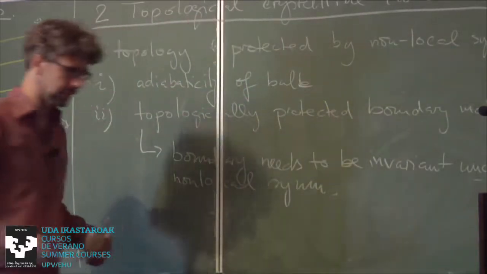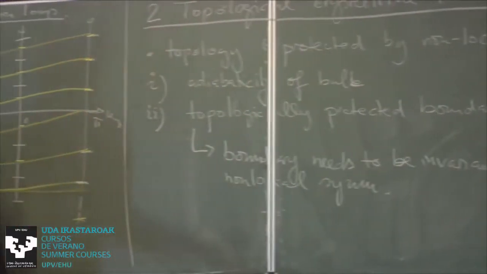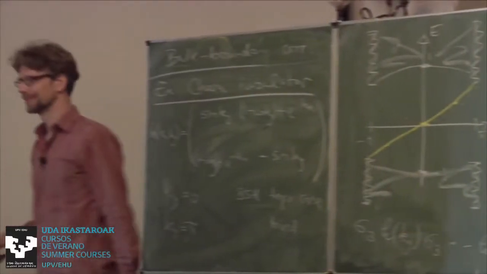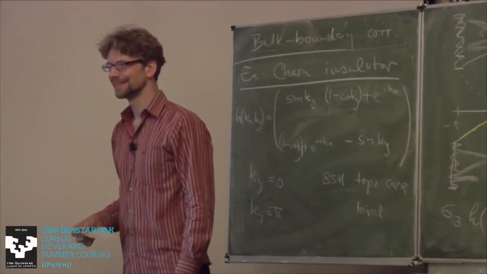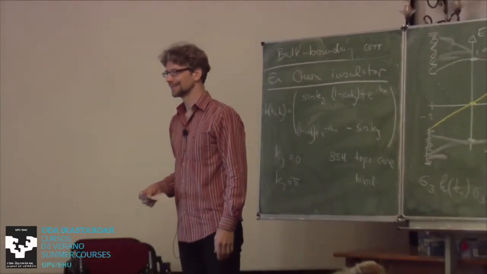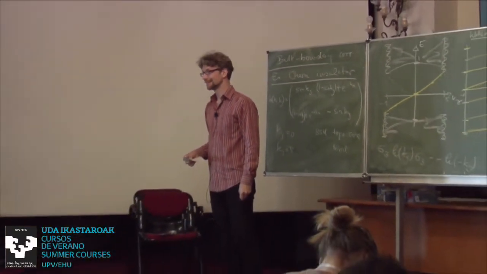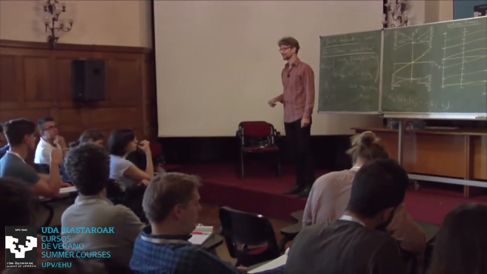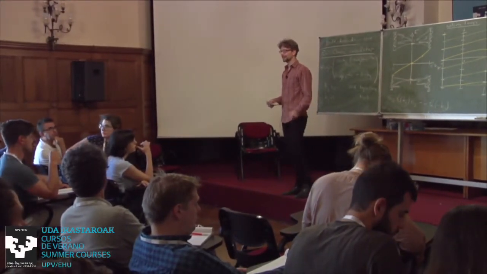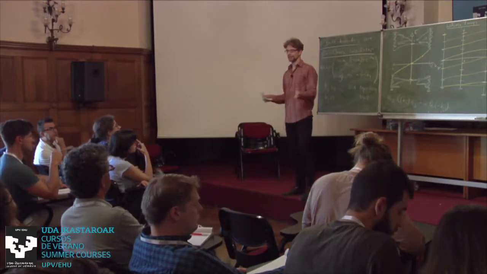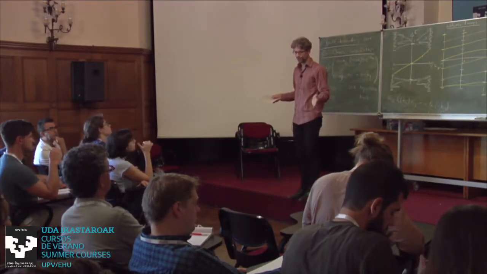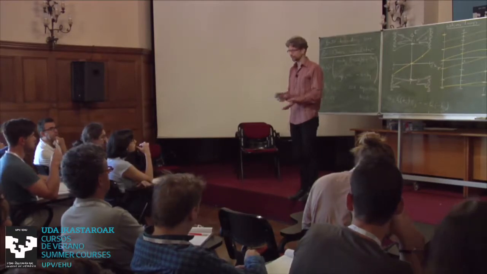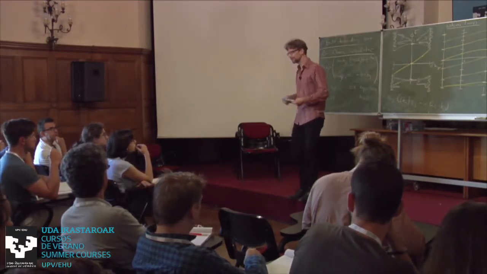So in a one-dimensional system, can the boundary be invariant under a non-local symmetry? I usually learned that an SPT is just replacing the topologically protected edge mode. So you're saying that it's actually not the same. It's not the same. So SPT, for example, if you think again about one-dimensional systems, inversion symmetry protects, you've probably heard about the Haldane phase.